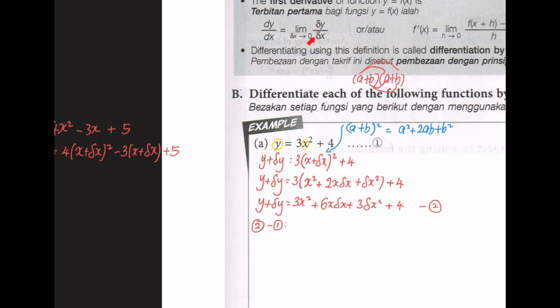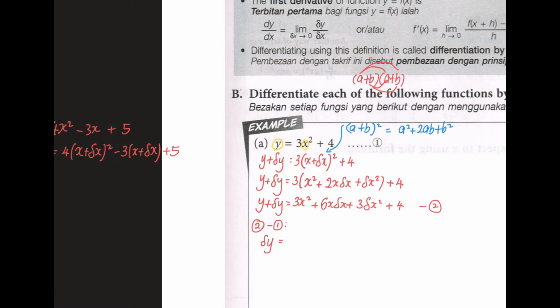We want delta y over delta x, by the way. So minus, delta y equals to, okay, imagine when I minus, left hand side, this minus with this, the y cancels off. Right hand side, I have this one minus with this one.